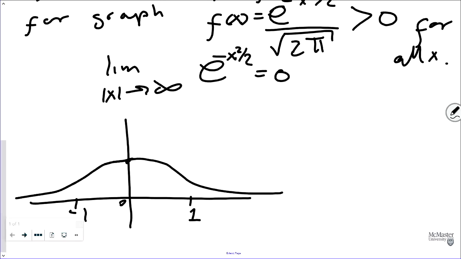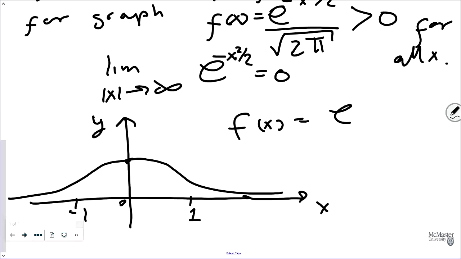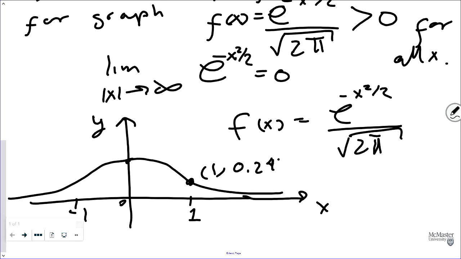So if you were to draw your function, so this is y, this is x, this is the function, the normal distribution, e to the minus x squared over 2 divided by square root of 2 pi. This would be an inflection point, 1.24. This is the other inflection point, minus 1.24.